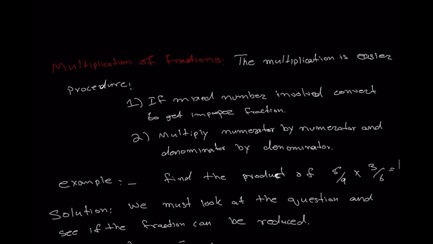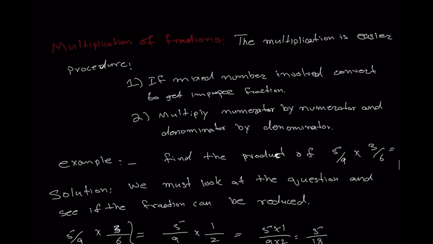Moving on to multiplication of the fractions. The multiplication is the easier procedure. What we do, if we have a mixed number, we convert them to improper fractions.